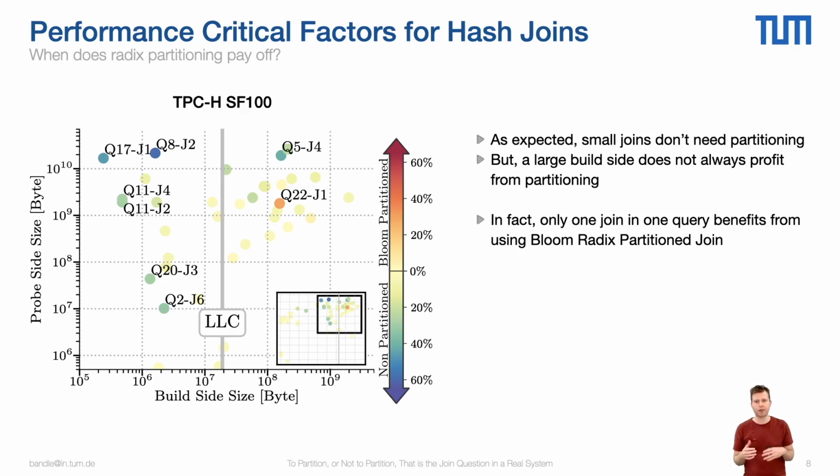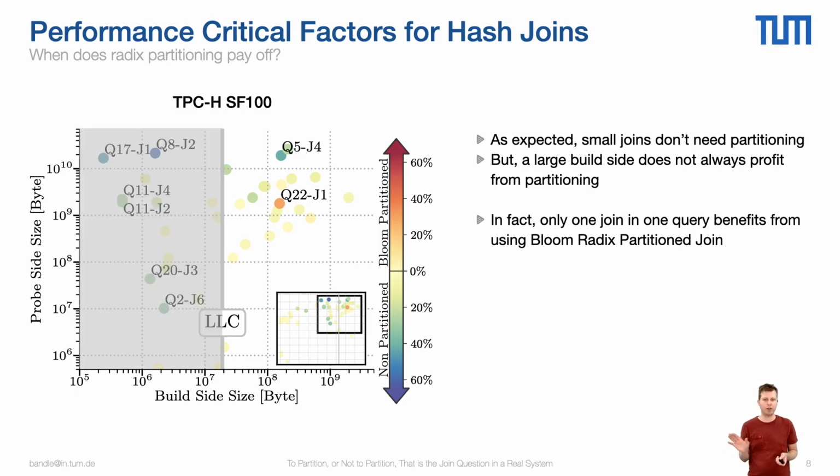To do that, we looked at all of the possible permutations, fixed each join as either partitioned or non-partitioned, and compared the impact on the overall runtime of the query. Here in that plot, you see the build side size on the x-axis and the probe side size on the y-axis. As expected, since partitioning aims at making it possible to fit the build side into the caches, it does not provide any benefit when the build side would fit into the caches anyway.